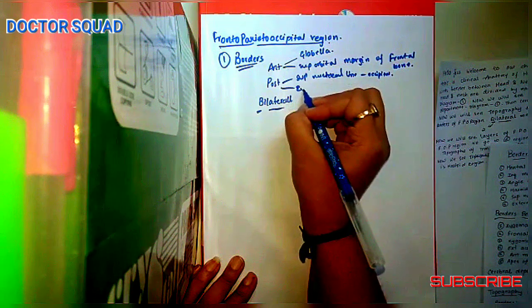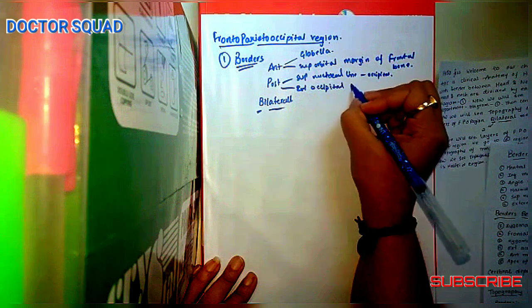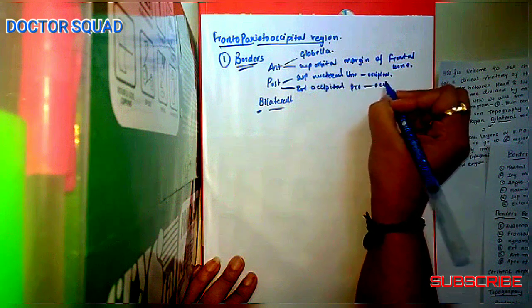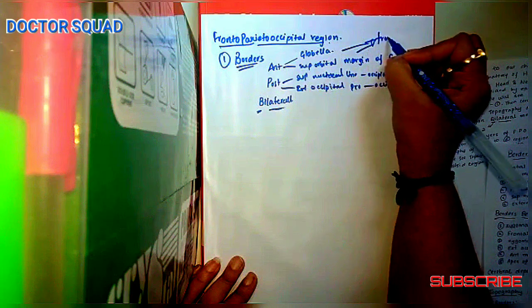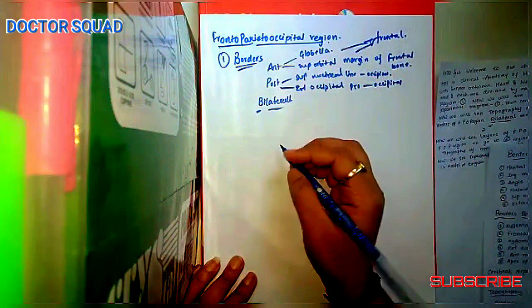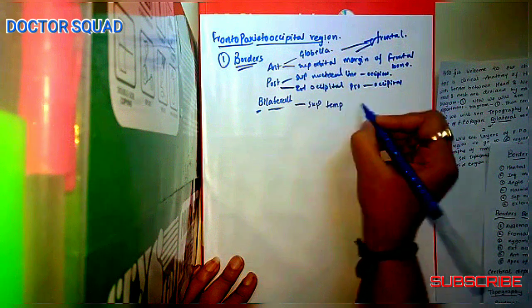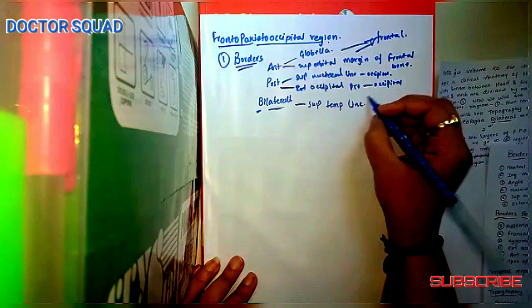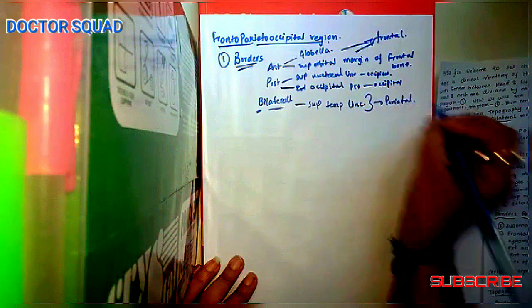And the external occipital protuberance, which is also a part of the occipital bone. And bilaterally, the superior temporal line, which is a part of the parietal bone, right?